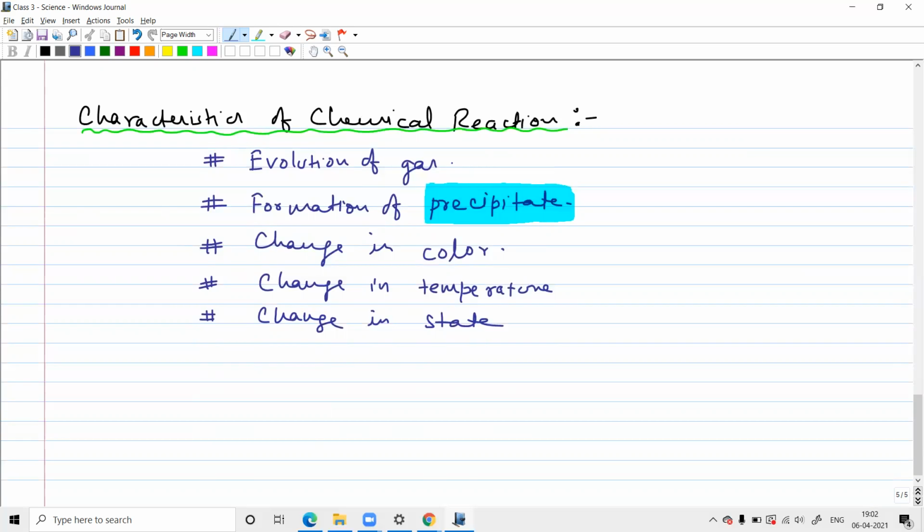See, burning is just a simple English term. Combustion is the scientific way of saying that burning is taking place. Now it can happen in presence of oxygen or in absence of oxygen, both ways, but still it will be called combustion only. Okay.